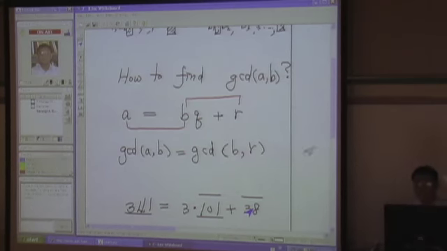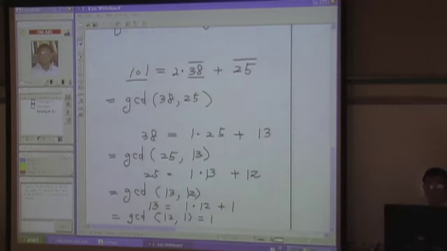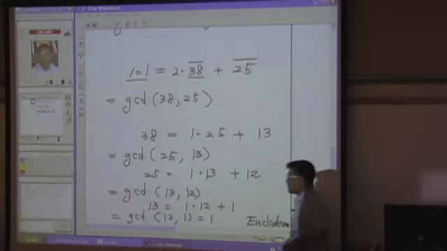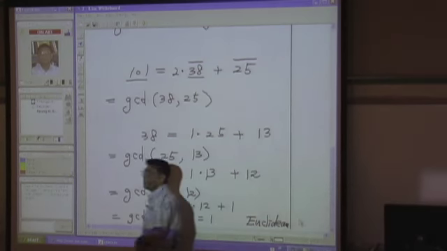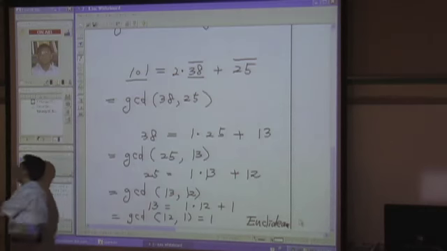This kind of step is called the Euclidean algorithm. In other words, the repetition of the division algorithm is called the Euclidean algorithm. So using the Euclidean algorithm, we can find the GCD.